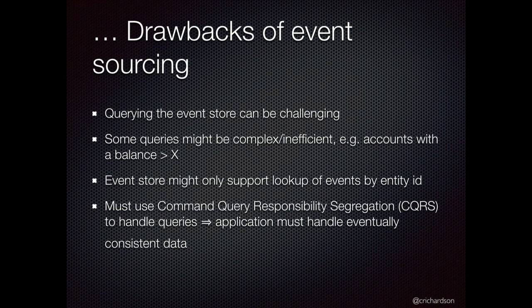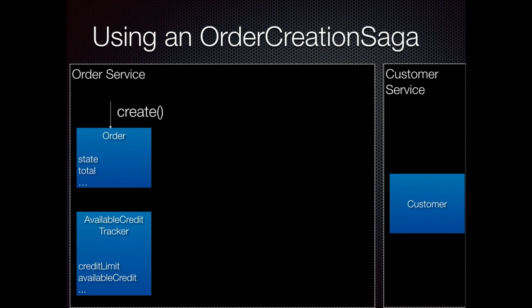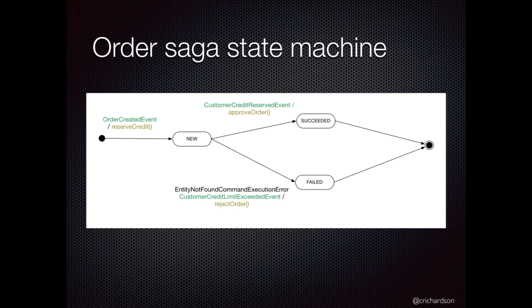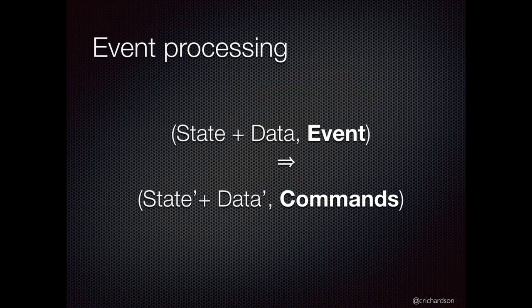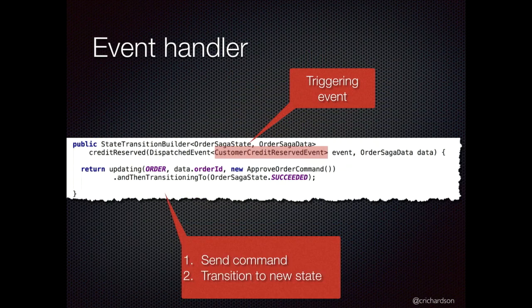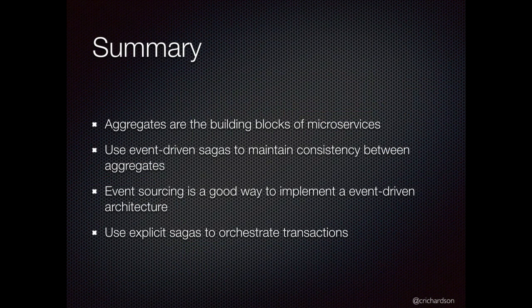I notice I'm running out of time, so I'm going to skip over this topic because it will make everyone's head hurt explaining all these details. I encourage you to go read this online because it's some super useful stuff, though.